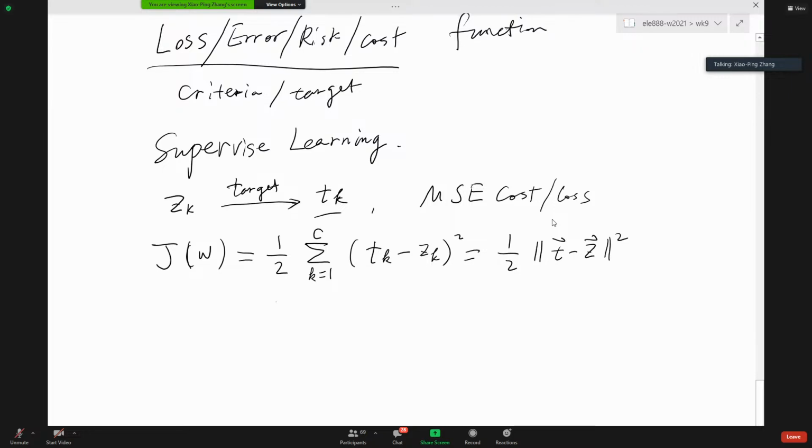But this is for all classes, and for all samples you have another sigma.